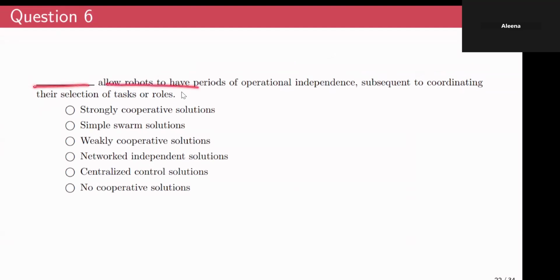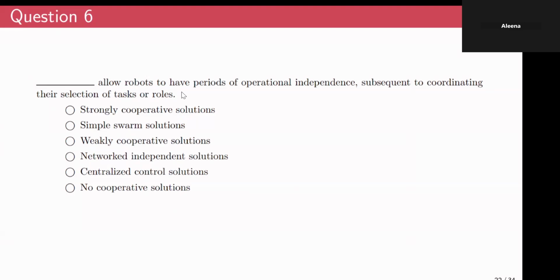Dash allows the robot to have periods of operational independence subsequent to coordinating their tasks or roles. Again, we have actually seen a classification of how we can classify a multi-robot system, based on their level of coordination and based on the kind of members of that constituent system.